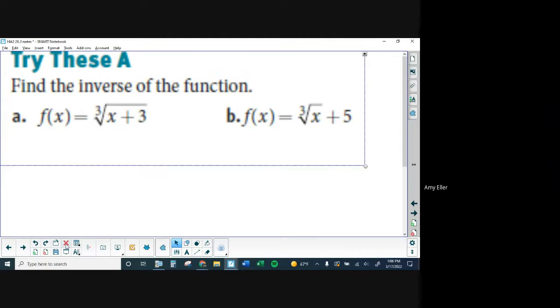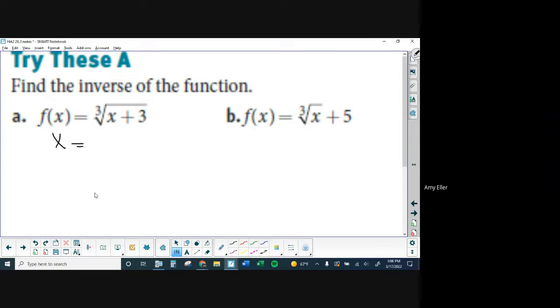It says find the inverse. So let's do it together. You can work ahead if you want. Flip x and y. I think there'll be enough room in your book. I know there's not a lot, but it's not many steps. Do both sides.